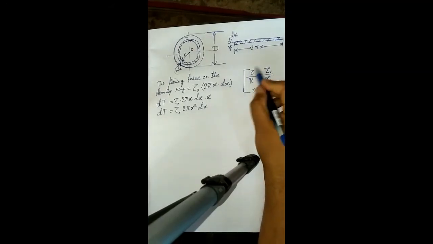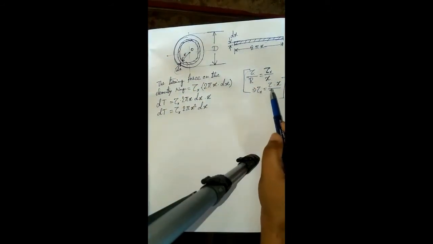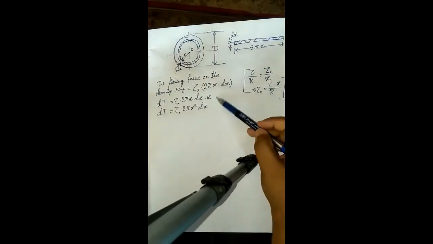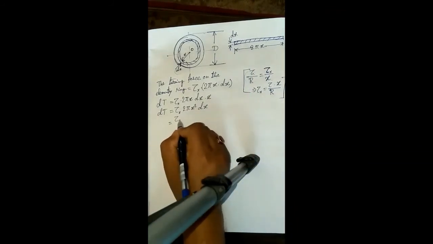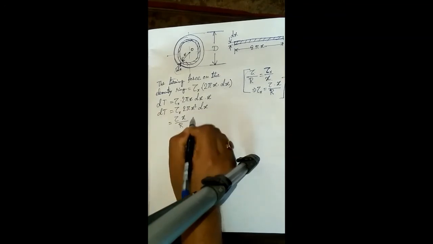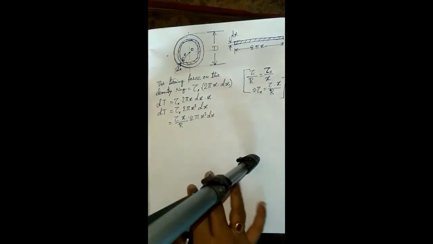By comparing the stress and the radius with this relation, we can write tau x as tau into x by capital R. Now we substitute this value of tau x into this equation, so that becomes tau into x by R into 2 pi x square dx.